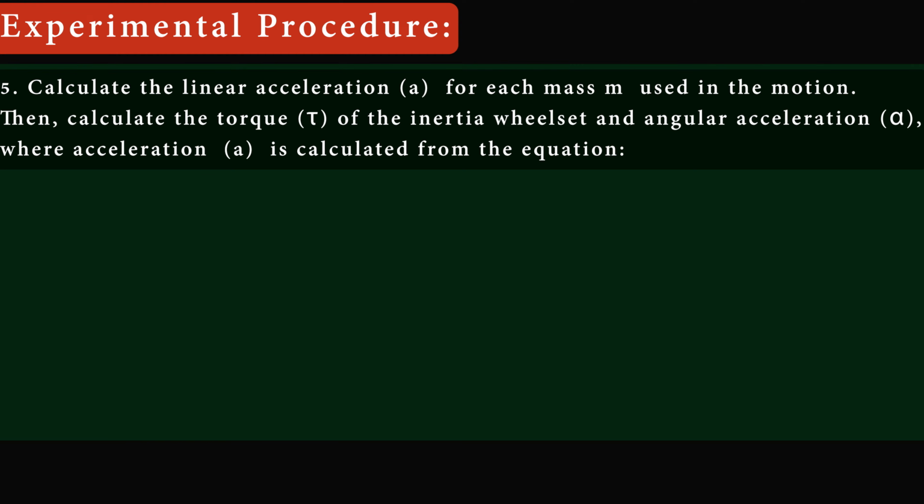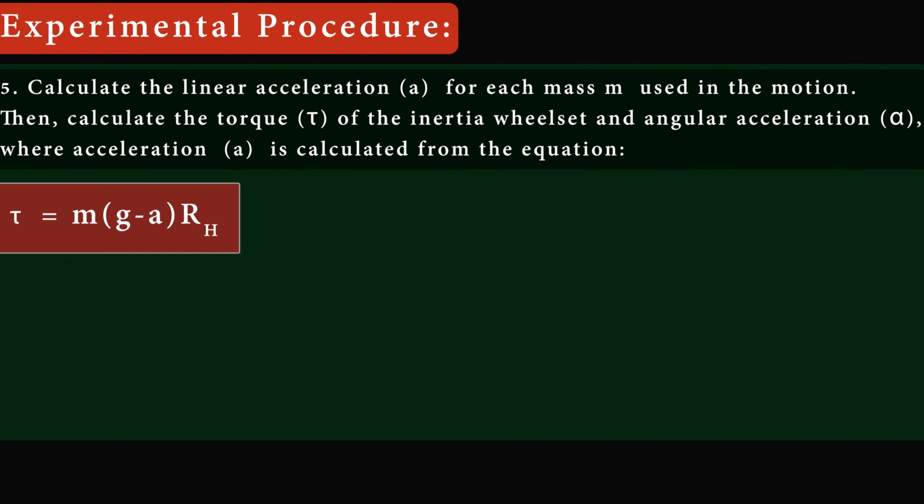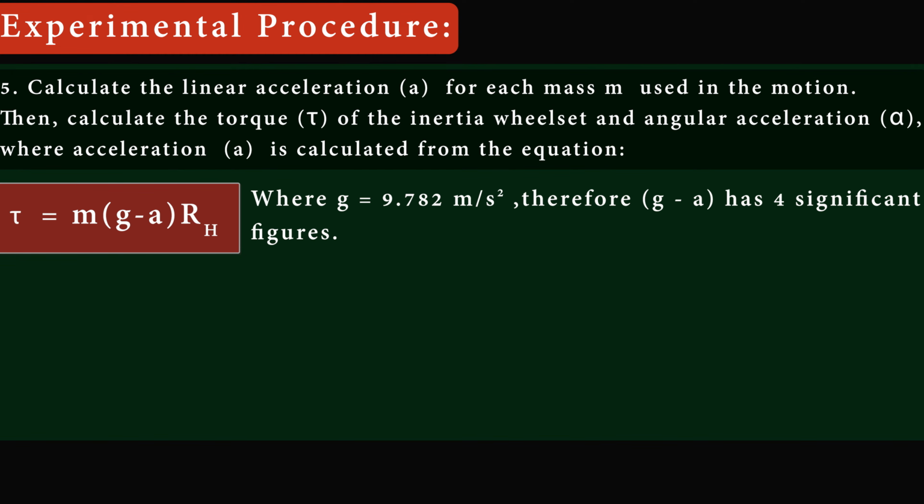Torque is calculated using the equation torque equals m times g minus a multiplied by rh, where the acceleration due to Earth's gravity is g equals 9.782 meters per second squared. The term g minus a is calculated based on the significant figures rule of addition and subtraction.